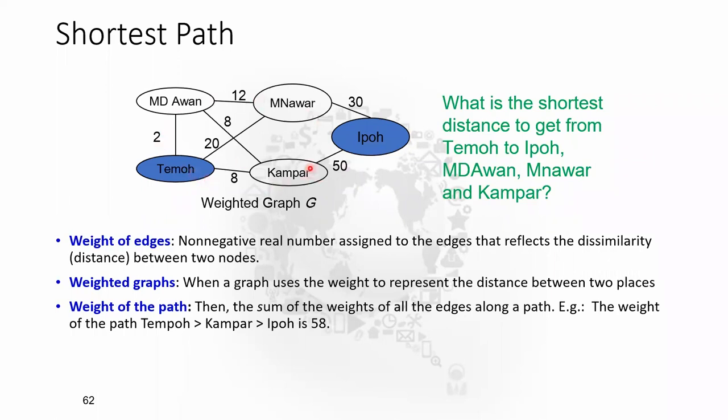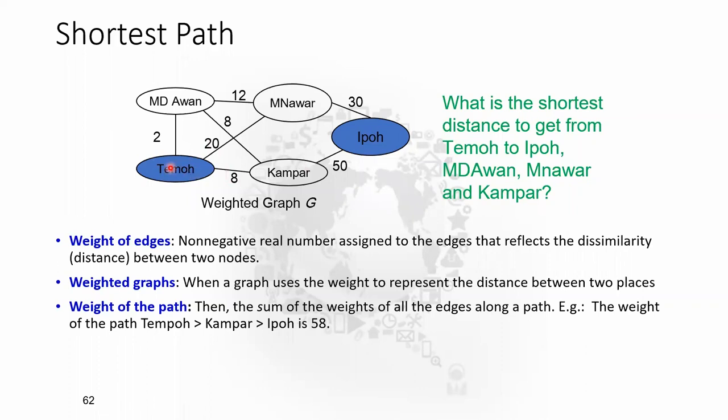These are all places nearby Kampar and Ipoh. Now, if you want to get the shortest distance from Thermo to Ipoh, or Thermo to MD Awam, Thermo to M Nawar, and Thermo to Kampar. Thermo to MD Awam, let's say the distance is 2, M Nawar is 20, to Kampar 8, and to Ipoh.